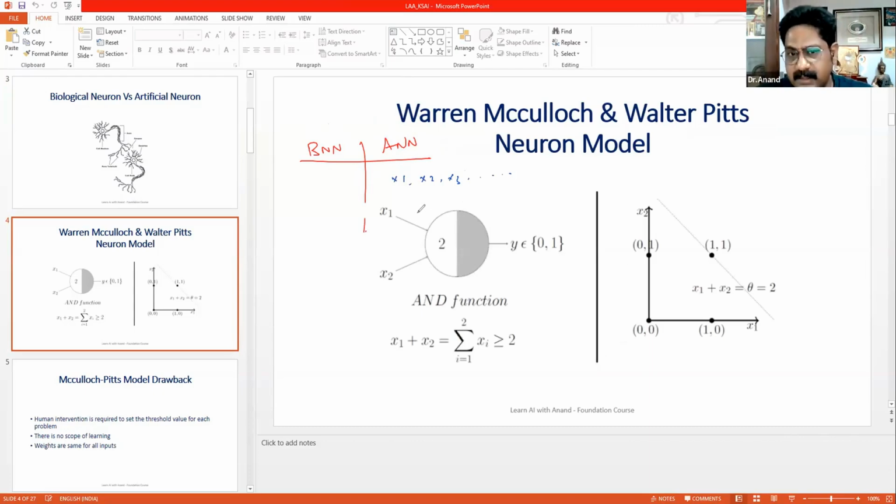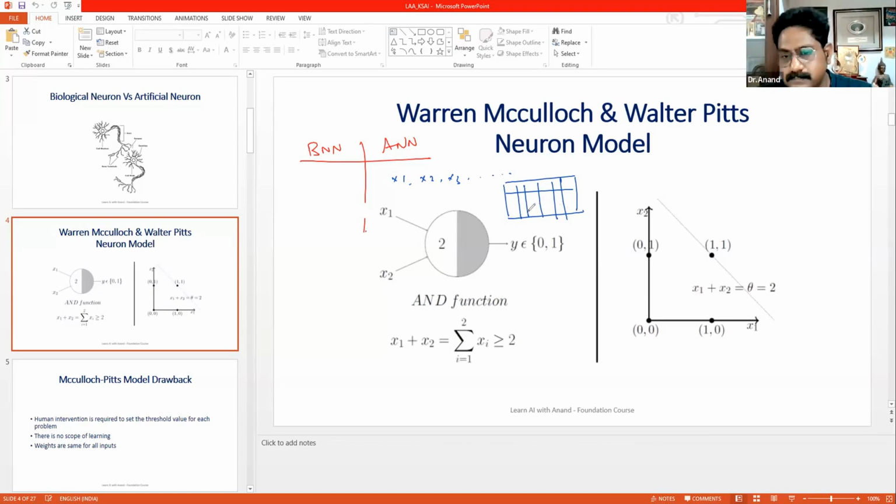As long as we are in the foundation course, I'm attached to the context of tabular data only. Your neural network model can see vision, it can listen to audio signals and all, but that is different. To treat that kind of data, as I mentioned in the first session, we need sophisticated layers called convolution layers and so on.